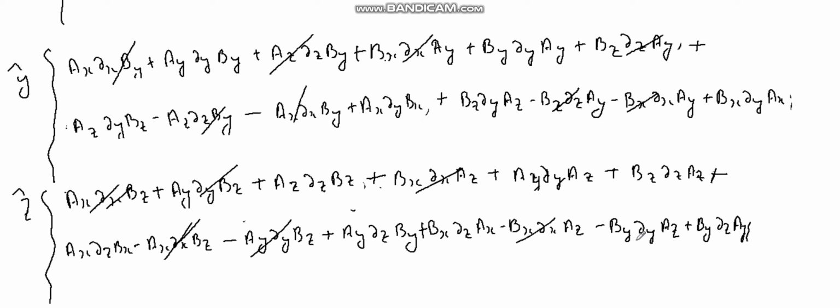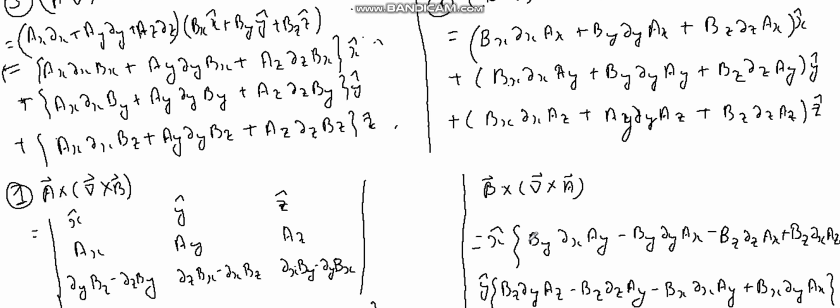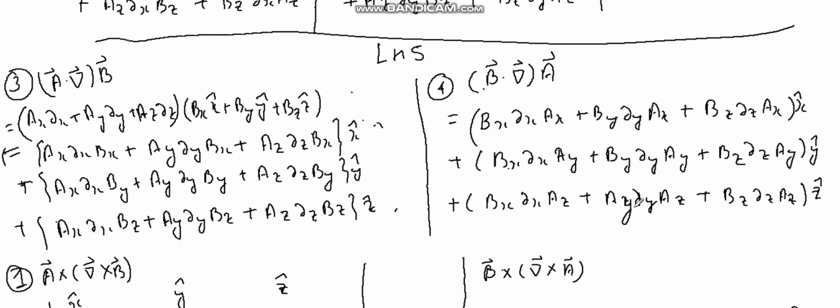I think there is something missing. I think this should not be a, this should be b. Okay, let's see where we get this. So this is the mistake, right?